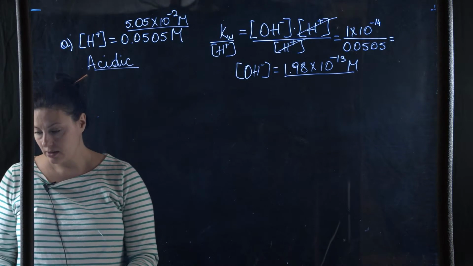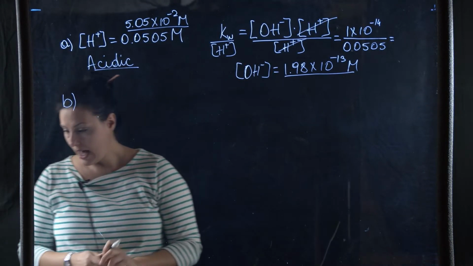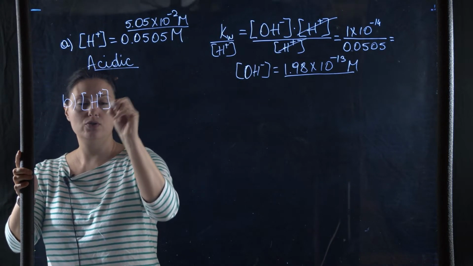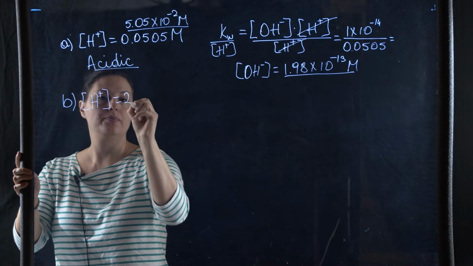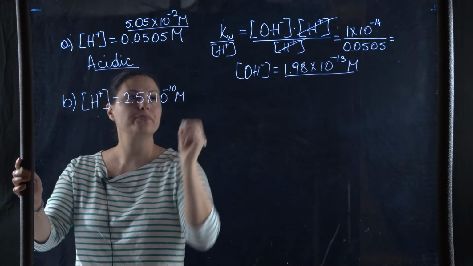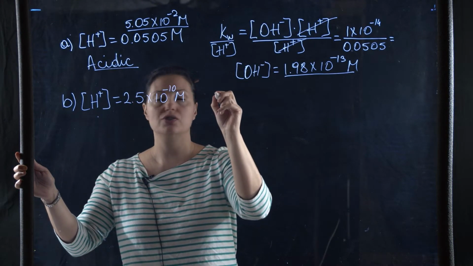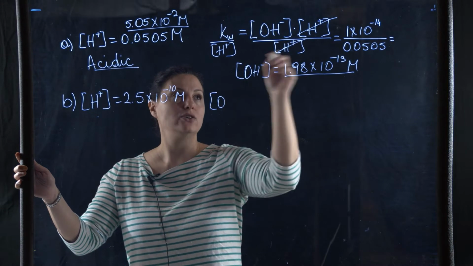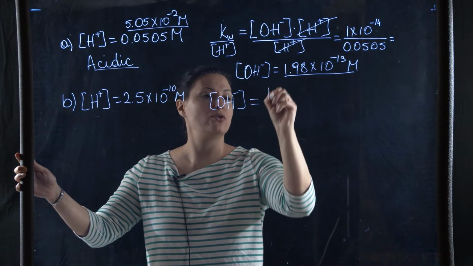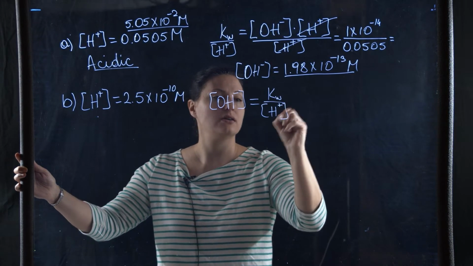Let's look at part B. I have an H plus concentration of 2.5 times 10 to the minus 10th molar. Okay, I repeat the same thing. The concentration of OH, I don't need to do this every time because I just showed you, is Kw over the concentration of H plus.